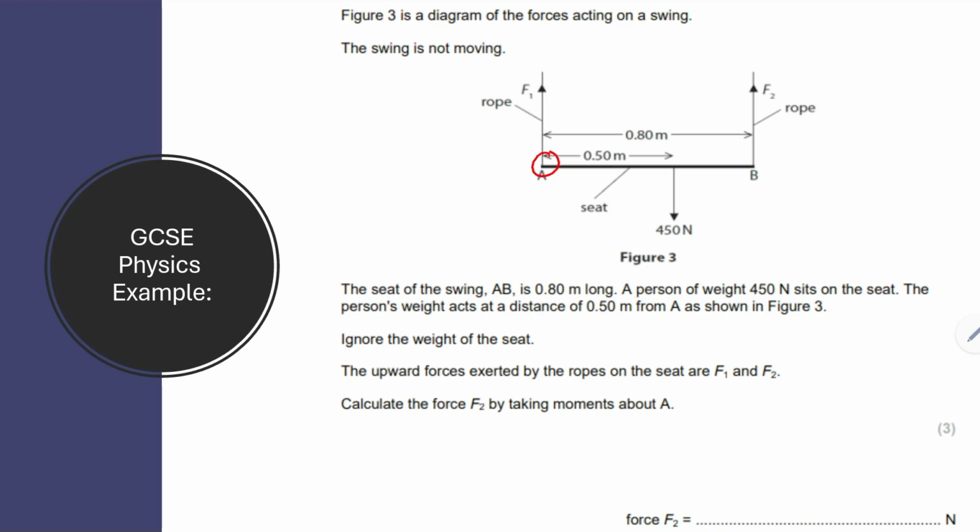So over here we can see that we have A and we need to find moments around it. To find a moment, we need to do F multiplied by x. And as it is in line, so it's just horizontal, we can say that the moment due to F2 will be the same as the moment due to the weight of the person, and they're going to equal each other.